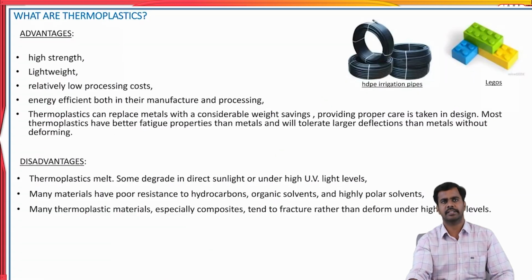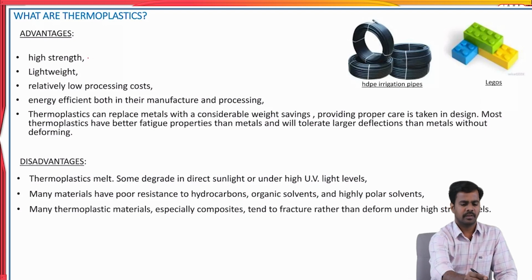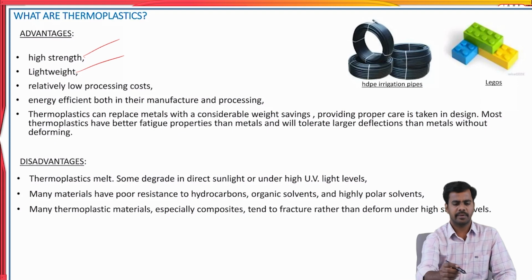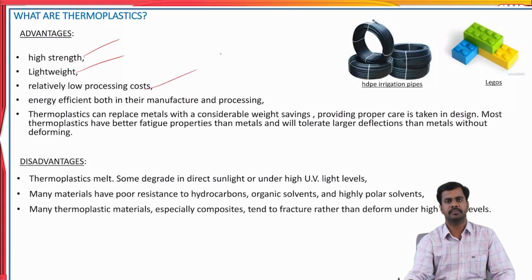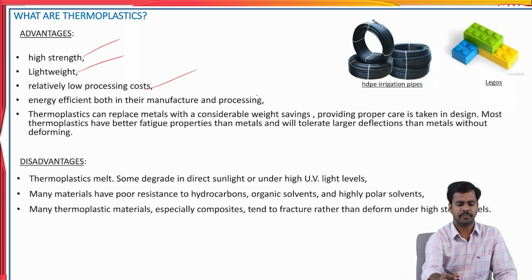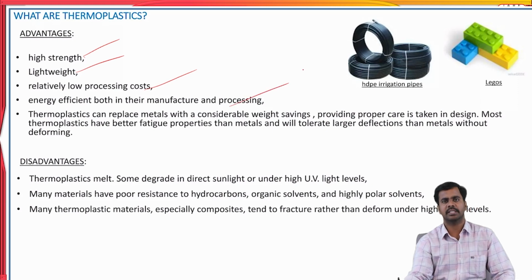And advantages and disadvantages of thermoplastics. First, let us see the advantages. Thermoplastics are high strength, lightweight, with relatively low processing cost, and energy efficient both in their manufacture and processing.